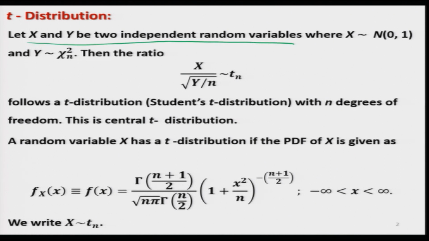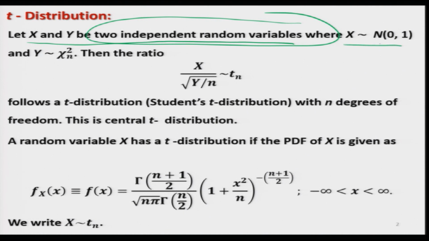This is a very important condition to keep in mind. x follows a normal 0-1 distribution and y follows a chi-square distribution with n degrees of freedom, and both of them are independent.